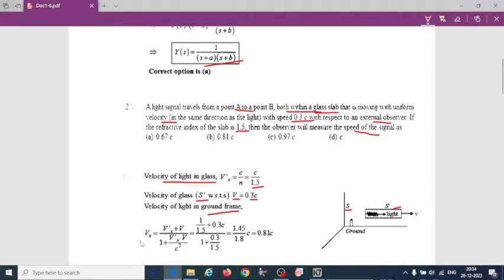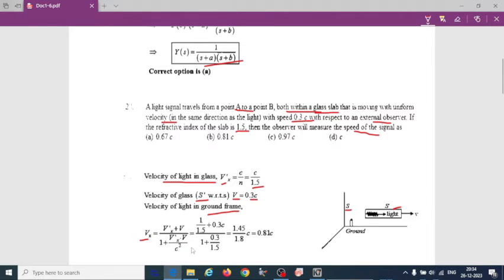So we have the standard formula, that is Vx is equal to, along x direction, Vx prime plus V divided by 1 plus Vx prime into V divided by c square. So whatever the conditions they have given, we have to put in this formula. Vx prime is what? C divided by 1.5, that is velocity of light in glass, plus v is what? Velocity of glass itself. Glass is also moving with speed 0.3 c.